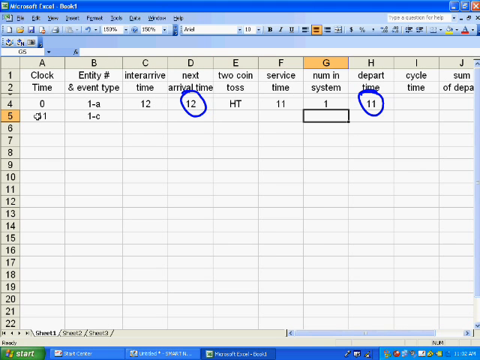Not much to do here. We're just going to record that the number in the system went down to 0. But we can figure out the cycle time for this entity. If this entity left at time 11, it started at time 0, so the cycle time is 11.